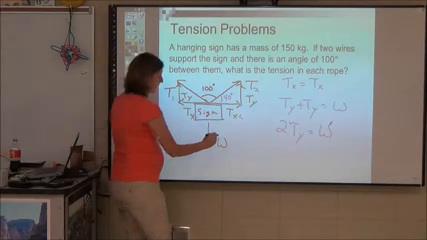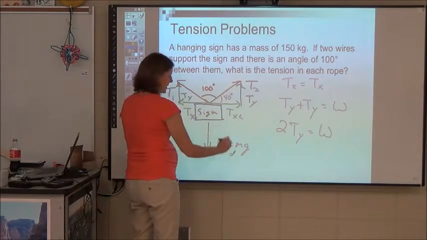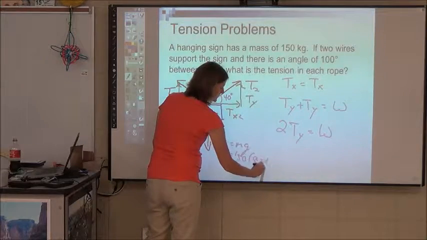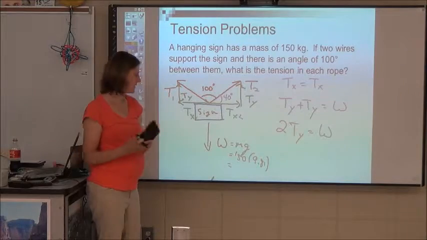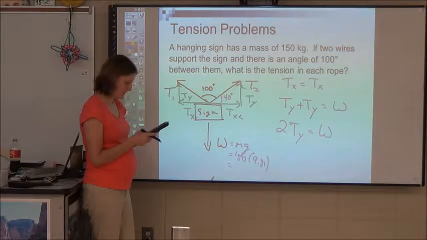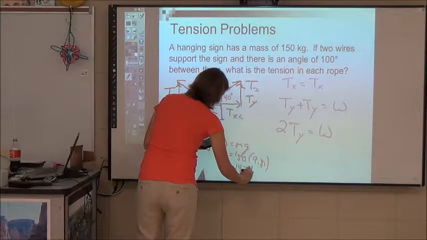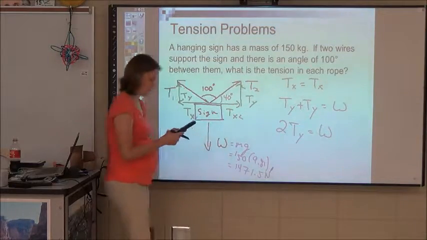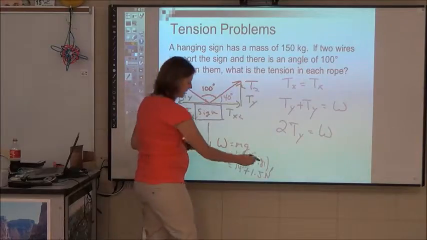And I do know the weight going down, because that's mass times gravity. Mass is 150. Gravity is 9.81. So I get 1,471.5 newtons is the weight, which I will plug in here.